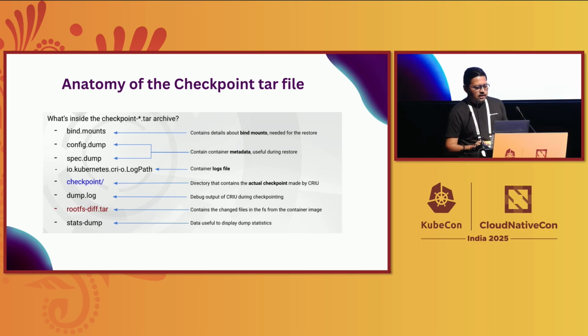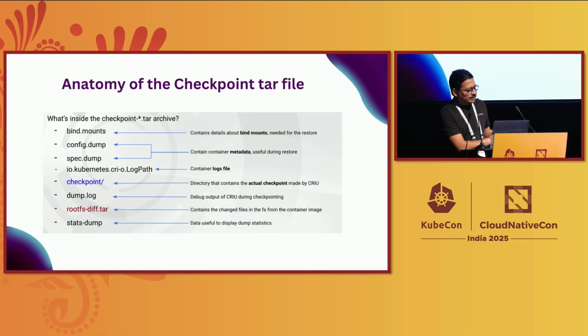The actual information is contained in this checkpointed tar file. If we unzip it, we get a lot of files. When checkpointing is done, all these processes are converted into certain images using protobuf, and this information gets dumped into the archive. It contains bind.mounts, with details about all the mount points in the container. It contains config.dump and spec.dump, the metadata needed to restore the pod.